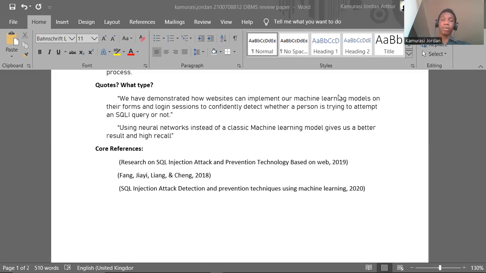Since we're doing SQL injection, there is "Research on SQL injection attack and prevention technology based on the web", a journal from 2019, by Chinese authors judging by the structure of their names. Then there is also "SQL injection attack detection and prevention techniques using machine learning", 2020.